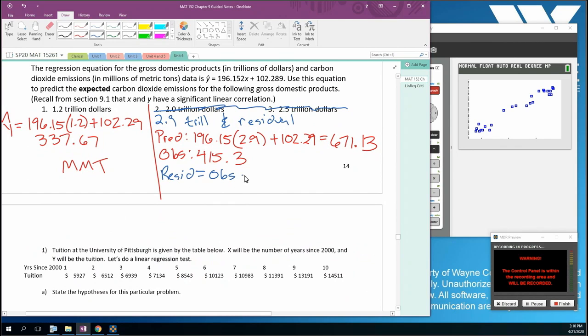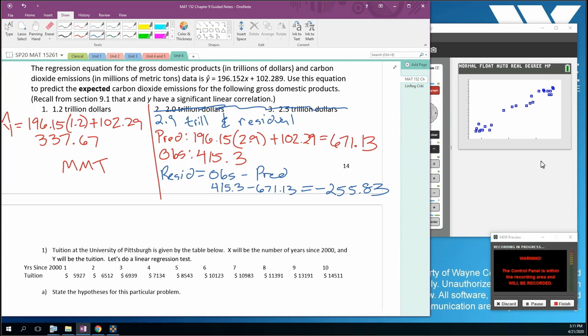So 415.3 minus 671.13, we get a residual of negative 255.83.